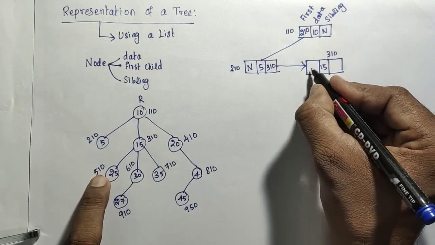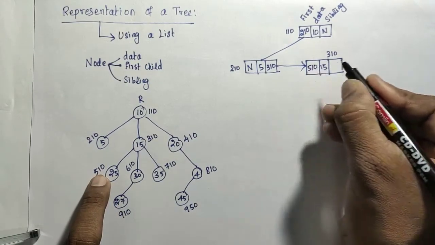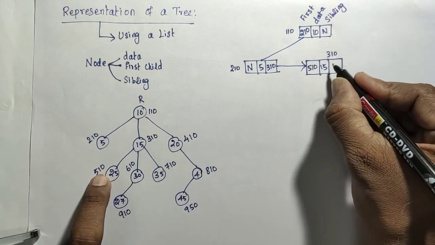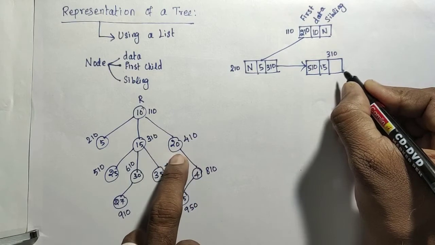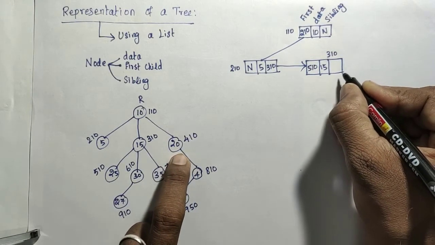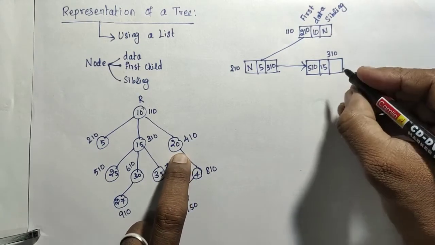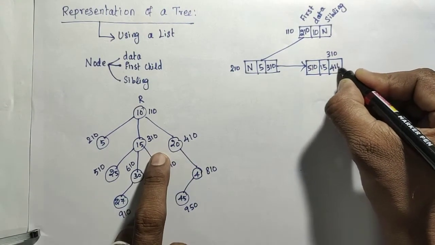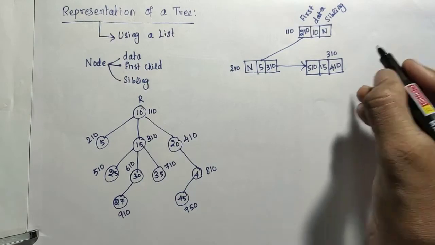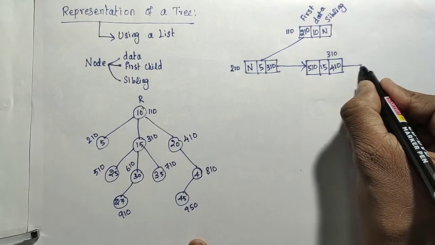The 25 address is what? 510. So what is the address of the sibling for the 15? The next child for the 10 is the 20. So that is a sibling. So it contains the address 410. The 410 is pointing to what?